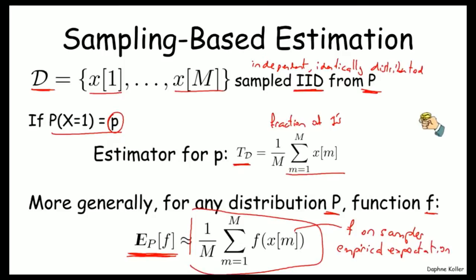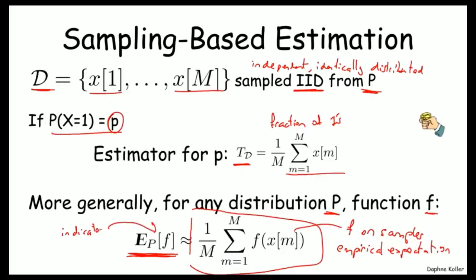So this is how we might, if we had some way, which we have not yet talked about, of constructing or sampling from a distribution, how we might use those samples for approximating various properties relative to the distribution P, whether it's the probability of an event or the expectation of a function. And note, by the way, that the expectation of a function subsumes the probability of an event, because you could also take the expectation, for example, of an indicator function.